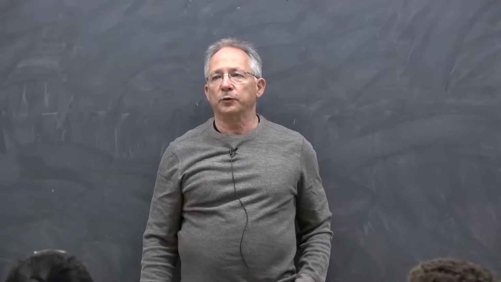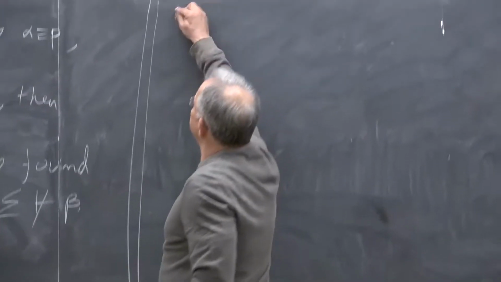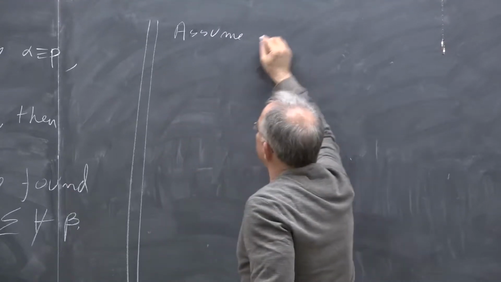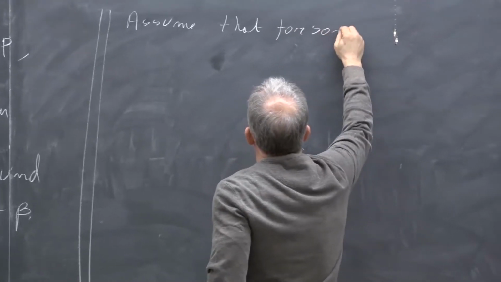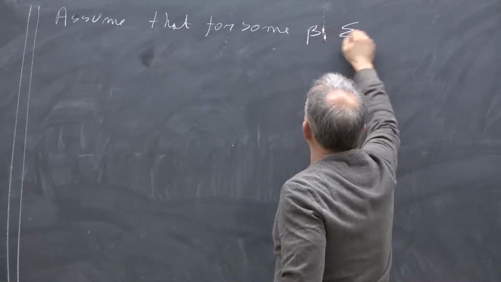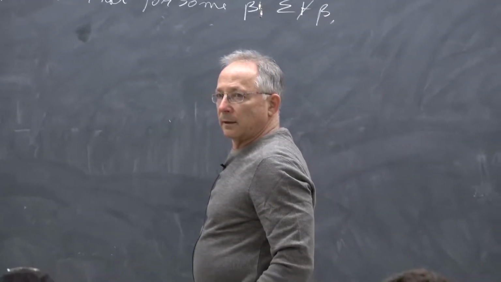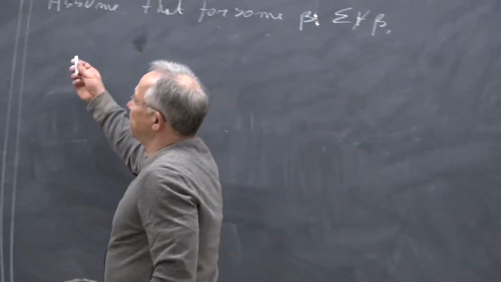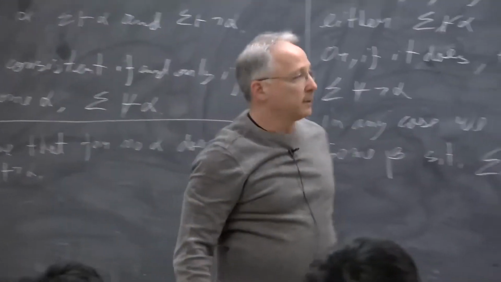So what are we still missing? What should we do now? The other direction, right. So assume now that for some beta, sigma does not prove beta. We have to show that for any alpha it cannot prove both alpha and not alpha.